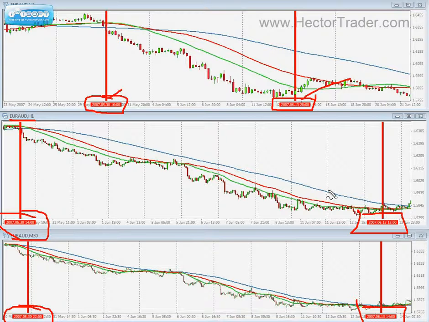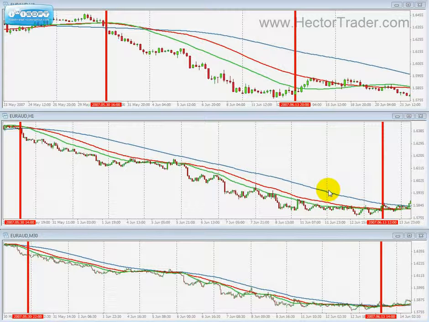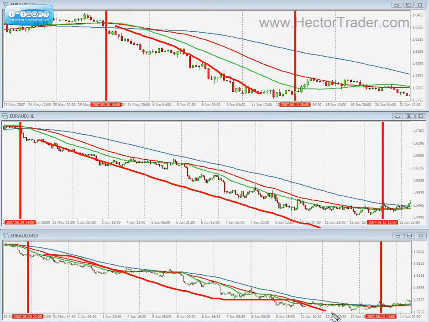Now, the question is, which time frame does this downtrend belong to? It's clear the price is downtrending between these 2 dates. Is this a 4-hour time frame, a 1-hour time frame, or finally a 30-minute time frame?